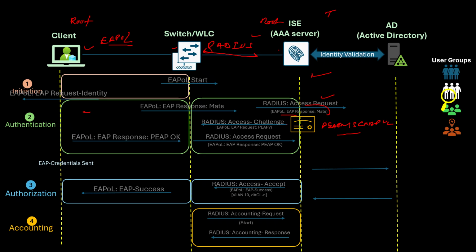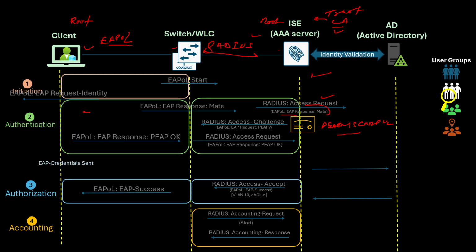They should trust some CA server, the root certificate, which is the local certificate of this CA server that has been installed on Cisco ISE and on the client side. They should trust that CA server at least. Based on that, they will negotiate the tunnel in further conversations.